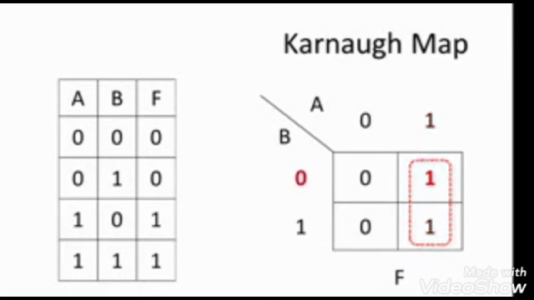We can also say in the topmost group the value is 0 for input B. The bottommost value of B is 1, therefore the output is also 1. This indicates that the output is independent of the value of B. Therefore, the output of this function is A. Therefore, output Y equals A.